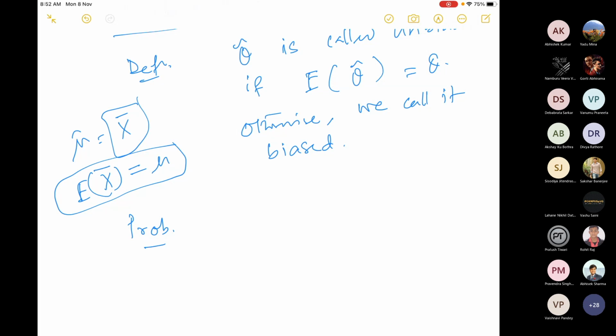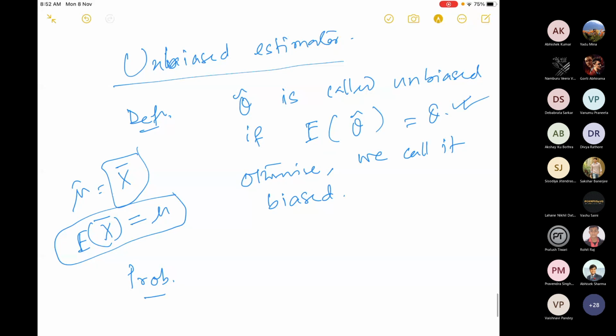Does anybody have any guess why the term bias comes into the picture? If it satisfies this one, I call it unbiased; otherwise, I call it a biased estimator. Why do they call it bias? What is the guess?